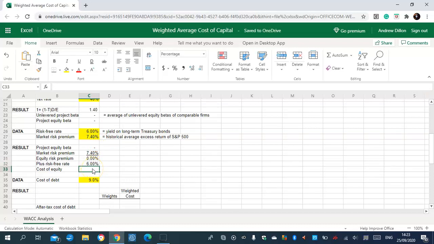Cost of equity. So that adds up to C32 plus the risk-free rate. Now plus the equity risk premium. The answer is 6% because there's no percentage in the equity risk premium.